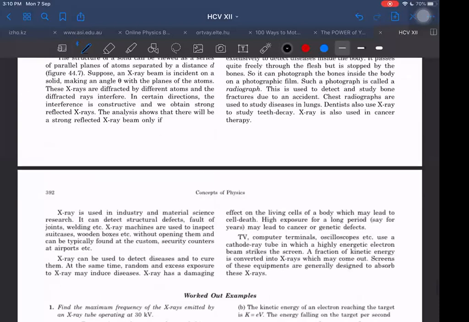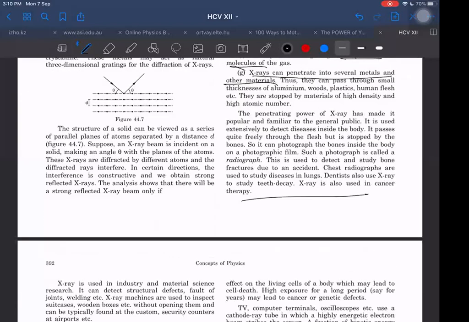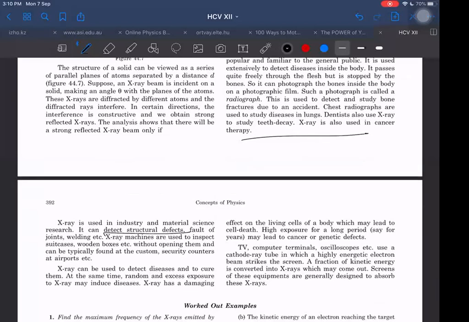That's it, and they have given some other examples where we use these. We use these to detect structural defects and faults in joints. If something is inside the metal and I cannot see it, with X-rays I can find out whether there is some cavity or structural defect inside.